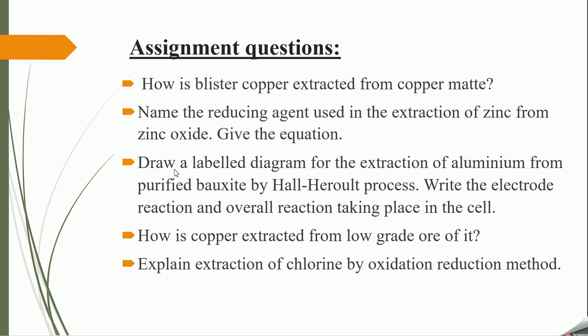Third question, draw a labeled diagram for the extraction of aluminium from purified bauxite by the Hall-Héroult process. Write the electrode reaction and overall reaction taking place in the cell. Fourth question, how is copper extracted from low-grade ore of it?